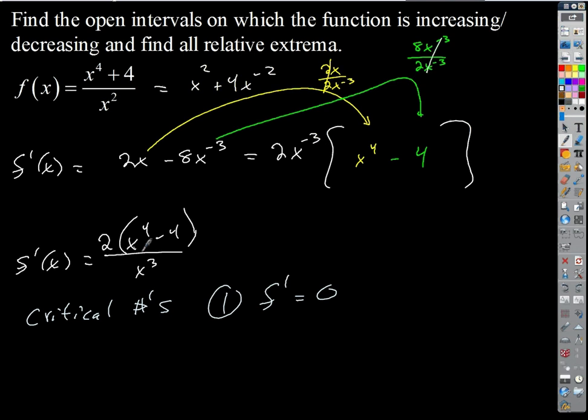The numerator equals 0, wouldn't you agree, when that expression, we don't care about the 2, when x to the 4th minus 4 equals 0. Agreed? So f prime equals 0 when x to the 4th minus 4 equals 0, right? So all we have to do is just solve that little mini equation.